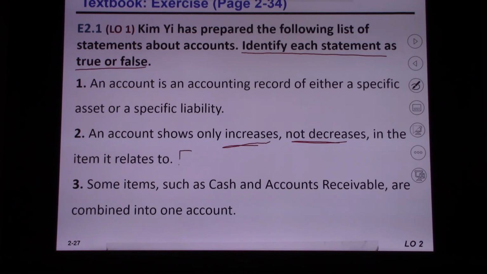So this is false. Some items such as cash and accounts receivable are combined into one account. No, we will prepare a separate account for cash and also a separate account for accounts receivable. So there is no combined account for any item.